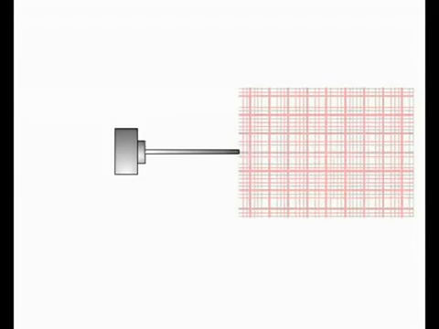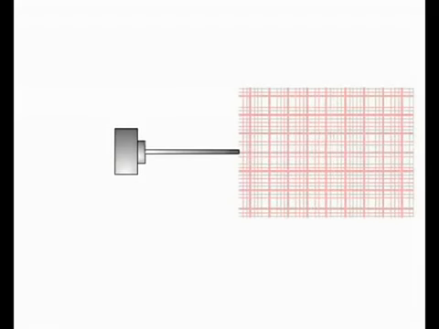negative deflection. In contrast, repolarising current has the opposite polarity to depolarising current. Therefore, repolarising current moving towards a lead produces a negative deflection on the paper, while repolarising current moving away from the lead produces a positive deflection.